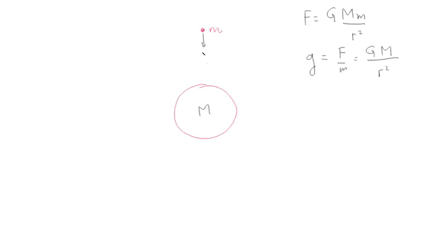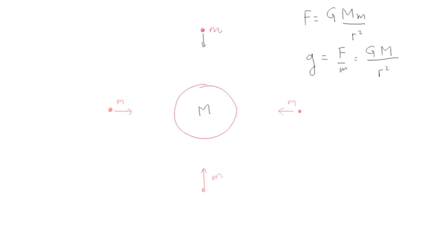Now, I can also imagine myself putting this test mass over here, or over here, or over here, and wherever I put it, it's going to be pulled into this big mass M here.